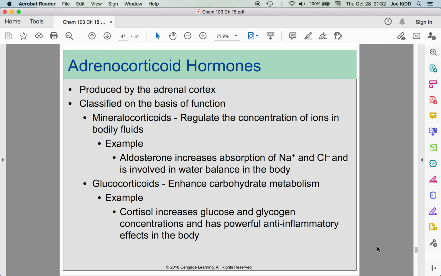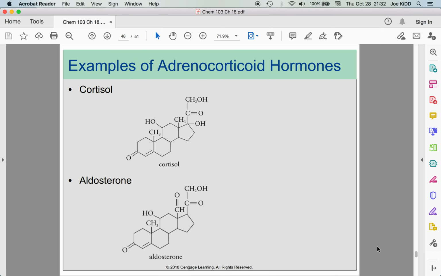Basically, these help regulate everything from our body fluids to how our electrolytes are regulated, carbohydrate metabolism, all these kinds of things. So it's a really important aspect of our physiological health that we have steroid hormones.